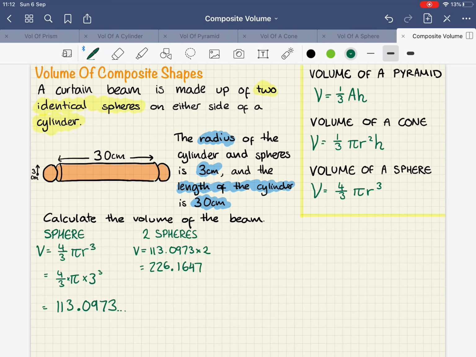So now I want to find the volume of my cylinder. So I'm just going to break that off a little bit just so things don't get too messy. So my cylinder, and again remember I look at my cone if need be and I just remove the third and that is my formula. I went to put the third in there.